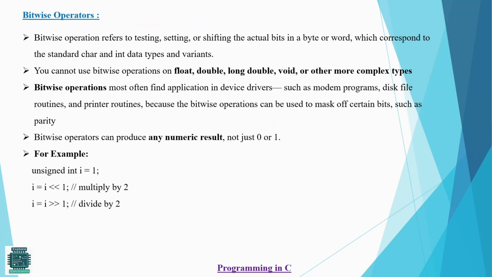Okay, and the next operator is the bitwise operator. Bitwise operator refers to testing, setting, and shifting the actual bits in a byte or word, which corresponds to standard char or int data types. But you can't use bitwise operators on float, double, long double, or other more complex types.